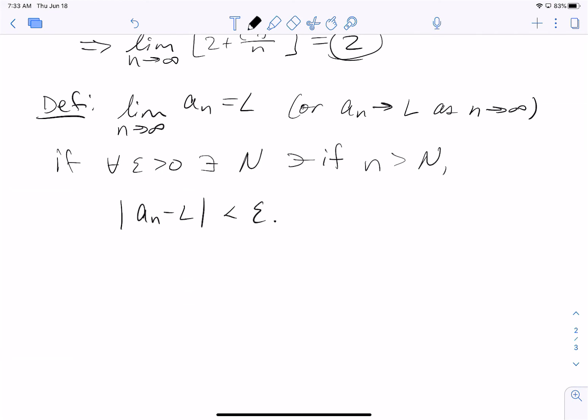What does this even mean? It means if the subscript n is big enough, then the values of the sequence will be within epsilon of L for any epsilon you name.